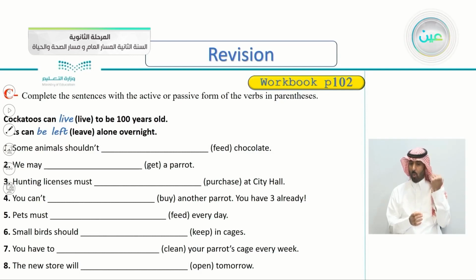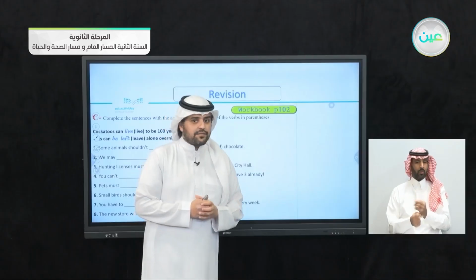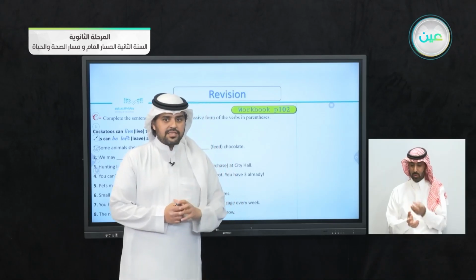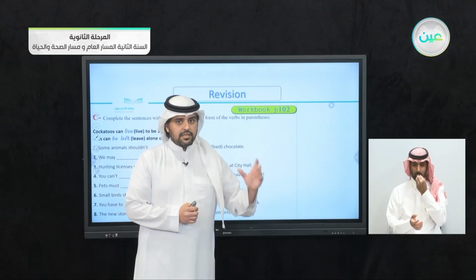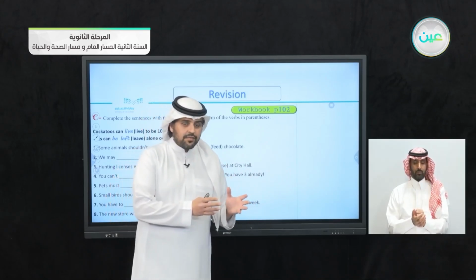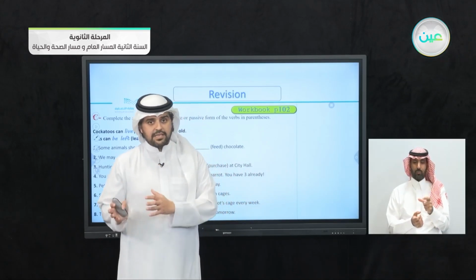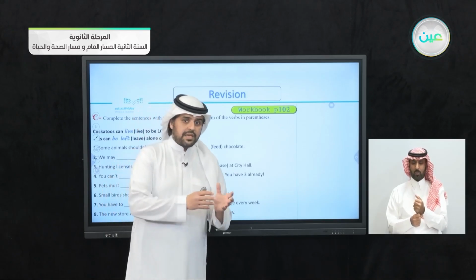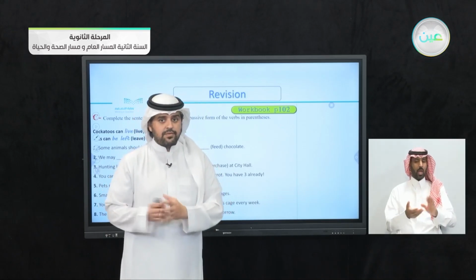So let's take number one. Some animals shouldn't feed chocolate. So the verb here is feed. If you remember the form for the active and for the passive with any forms of be, then the past participle of the verb.